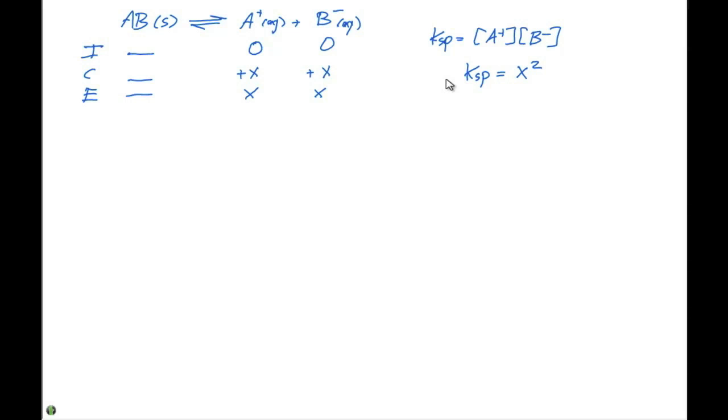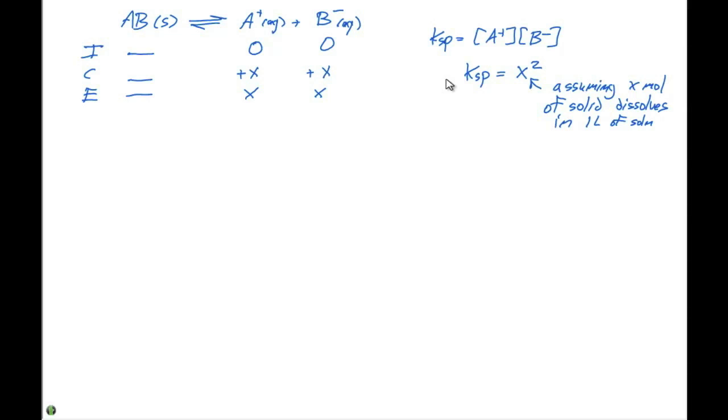And I should say that this is assuming X moles of solid dissolves in 1 liter of solution. So if we say that we have this solid, we're going to dump it into an aqueous solution, and X moles of that are going to dissolve per liter.